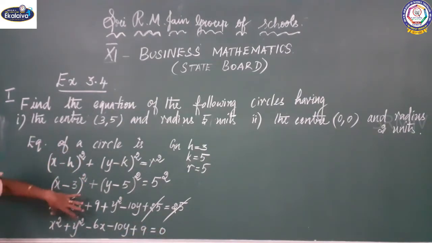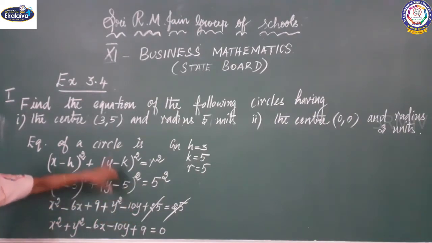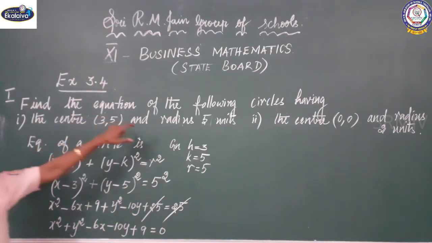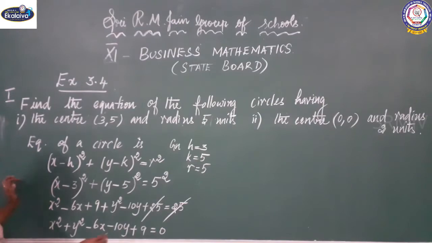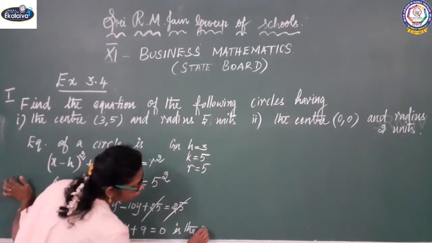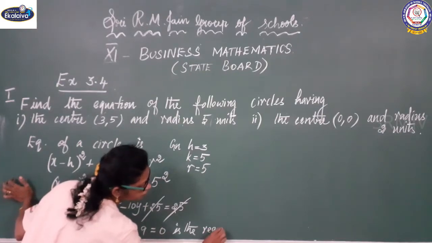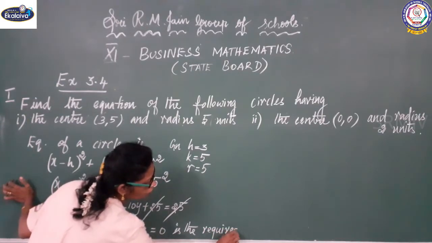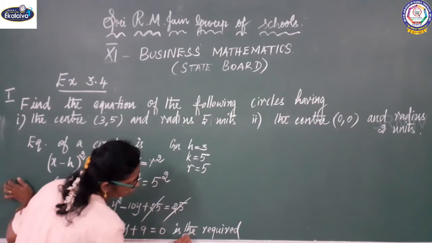Got it? This is the required equation of a circle whose center is 3, 5 and radius is 5 units.